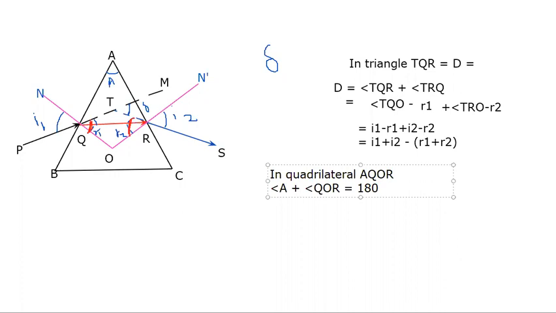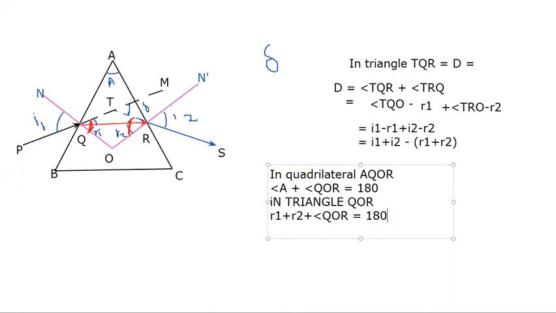Now, we can also write in triangle QOR, what can you write in triangle QOR? In triangle QOR, you can write R1 plus R2 plus angle QOR is equal to 180, right?